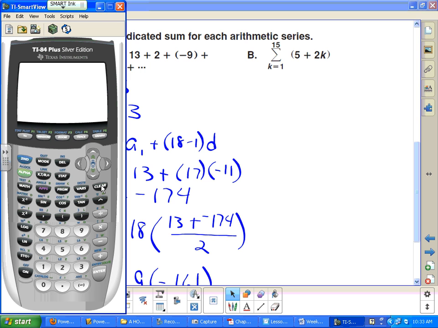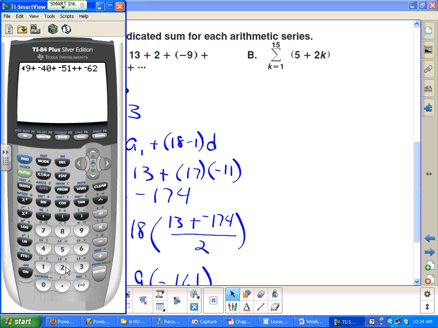I could have said, all right, my first number is 13, plus 2, plus negative 9, plus negative 18, plus negative 29, plus a negative 40, plus negative 51, plus negative 60.